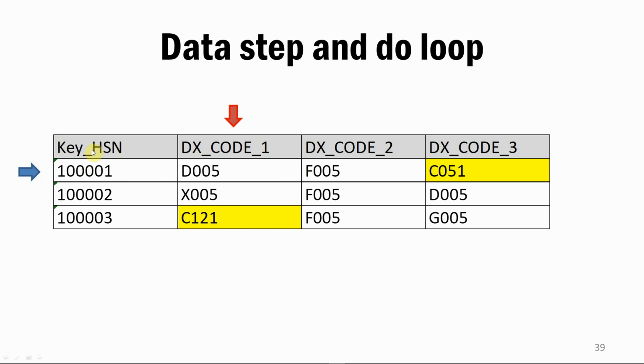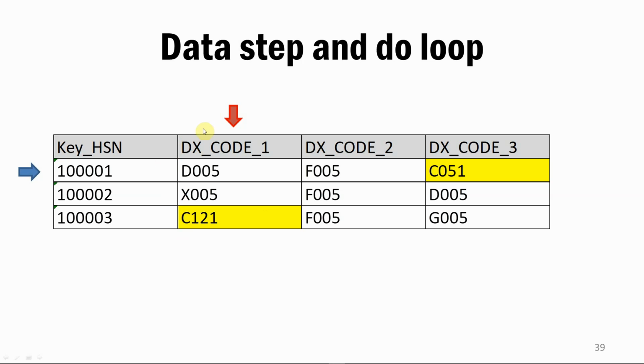Usually, when we have a data step and a set statement, it goes through each row of the records, row by row. This is the normal way, and for this one you don't have to specify a loop or an iteration.